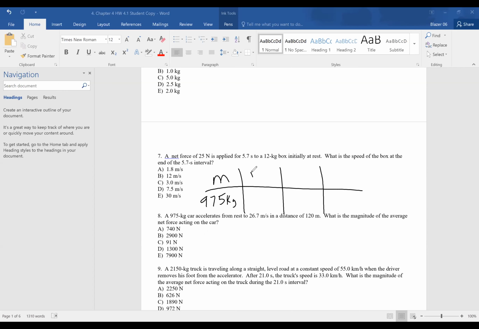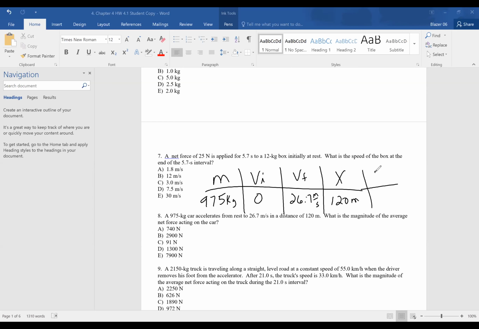That means that my initial velocity is 0, to 26.7, that's my final velocity, 26.7 meters per second, and a distance along the x-axis of 120 meters. What is the magnitude of the force?